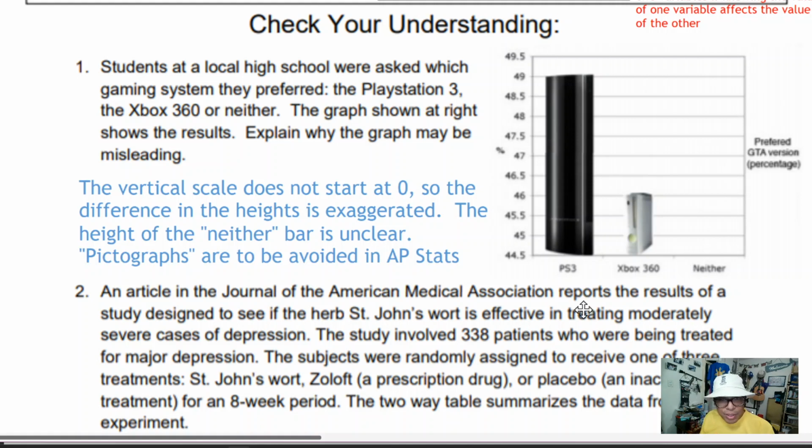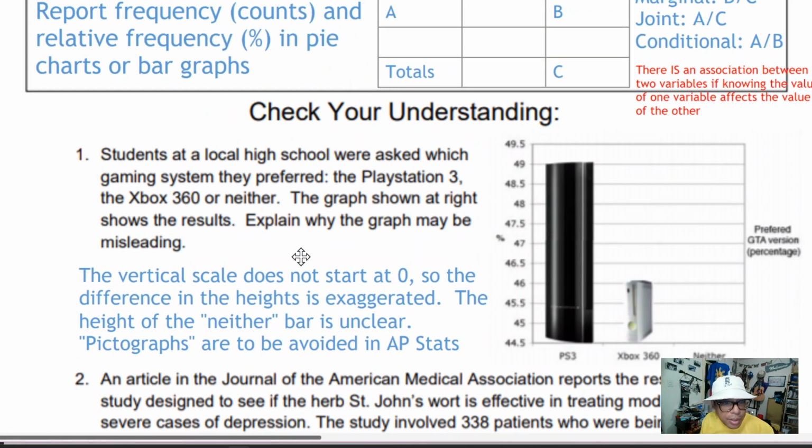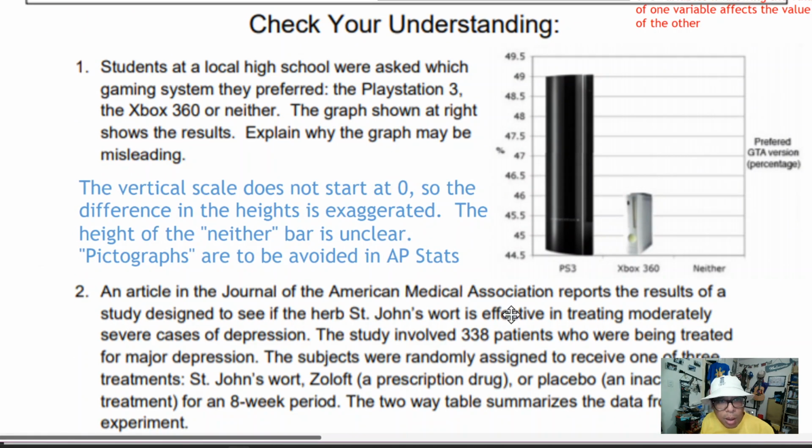Also, the width of the PS3 and the Xbox 360 bars misleads us as to the true proportion. So really, you shouldn't be using pictographs in AP Stats. Just draw a bar and make sure that the vertical scales start at 0.